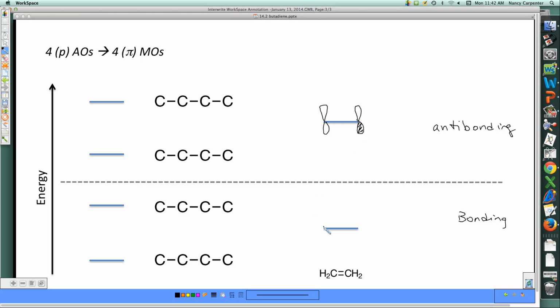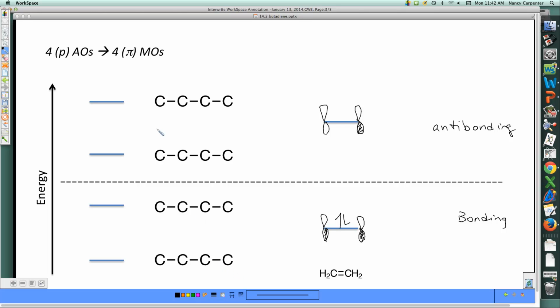We only have 2 molecular orbitals, bonding and antibonding. Once you start working with conjugated systems, you kind of squish the molecular orbital energy levels into the same kind of energy window.